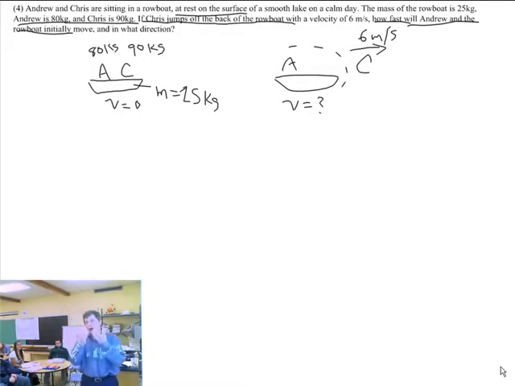So, I haven't chosen system objects. I haven't selected initial and final states. But just by drawing this out, I'm getting some sense of this problem.